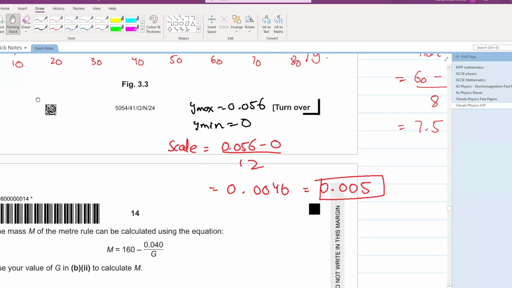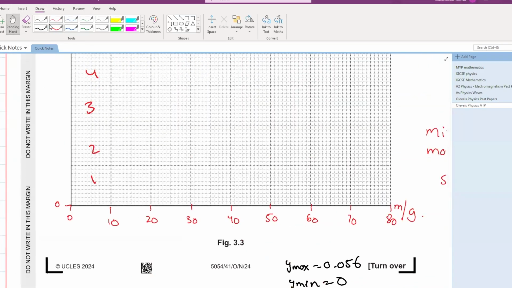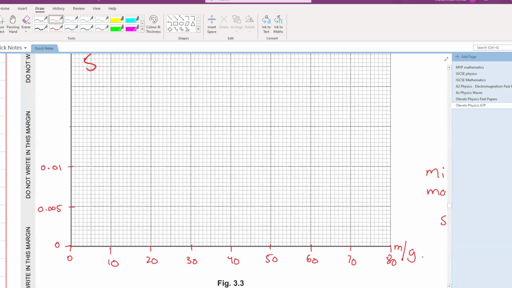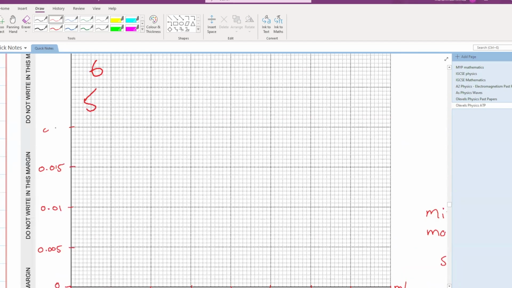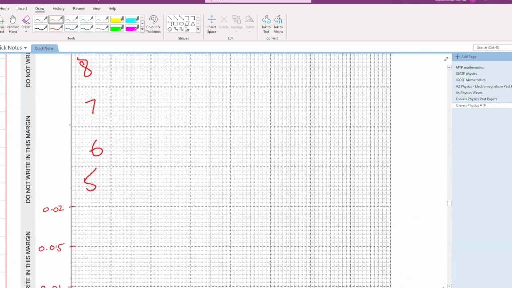So let's start plotting this. This will be 0.005. This will be 0.01. Okay. I guess we have to go very carefully because there are many zeros here. This will be 0.015. Perfect. The next one will be 0.02. Perfect.